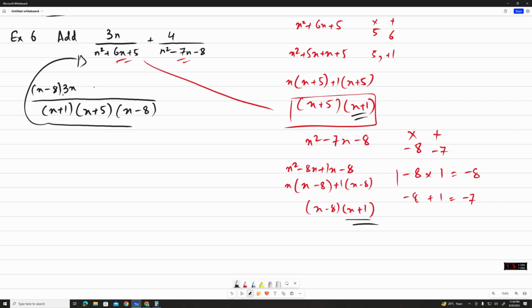These are multiplication, and this plus comes in as plus, like it is. So the next thing that we need to do is divide this term here. This is x minus 8, and this will be removed from this, and we will be left with 4 into x plus 5.